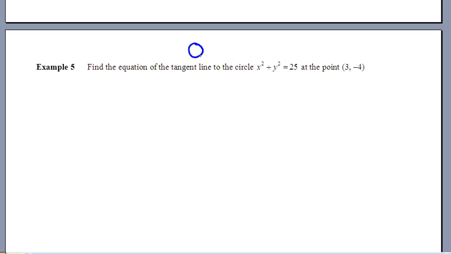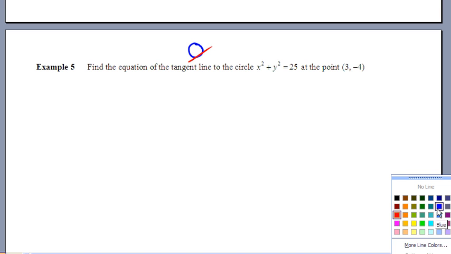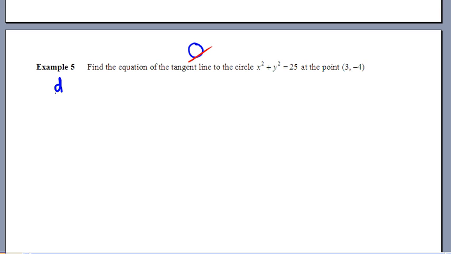So I don't know, it's got some sort of tangent going to it like that. Okay, well, let's just do our implicit differentiation. So we're going to do a derivative with respect to x of both sides, of this side and of the other side. Boring here, right? Just a 25.